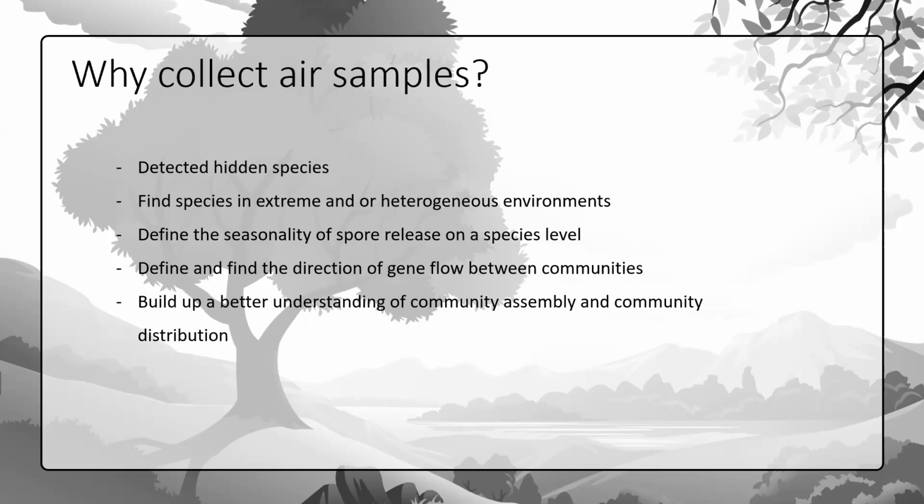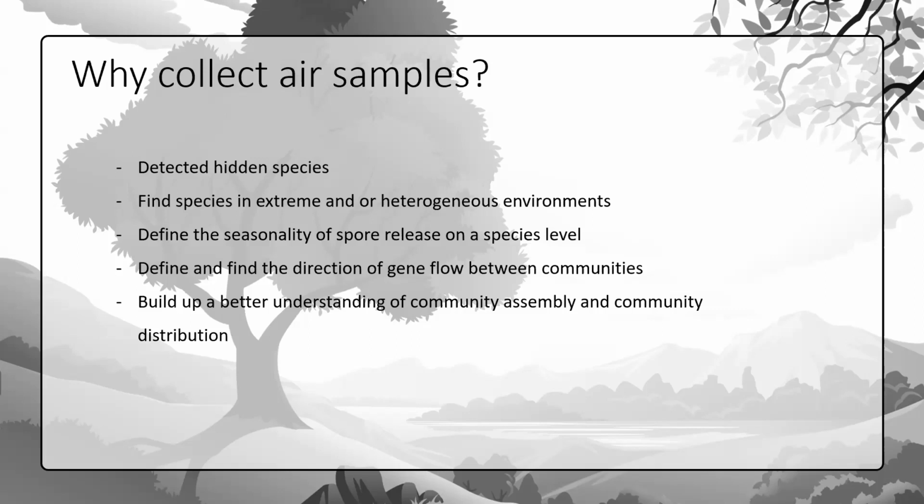And of course, we can try air sampling and at least detect, hopefully, this species in the air itself. Of course, the same situation will help for extreme or heterogeneous environments where it's quite complicated to find different species hiding sometimes behind ravines or something like this.